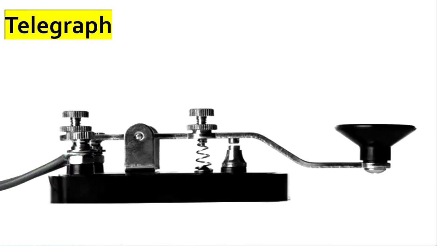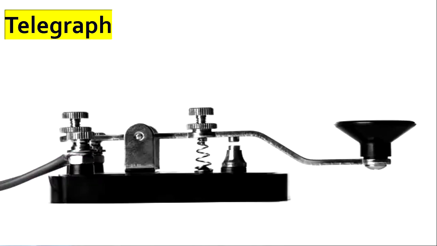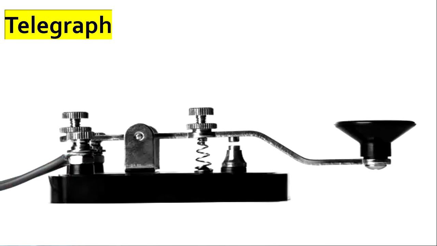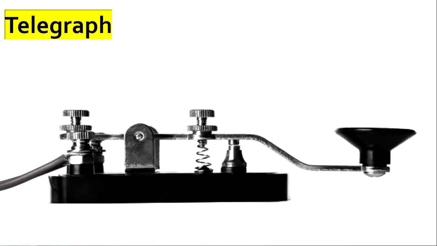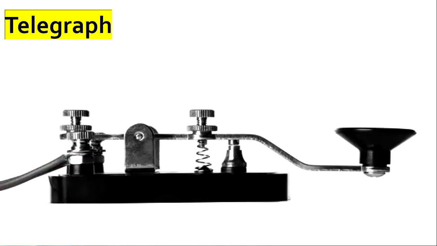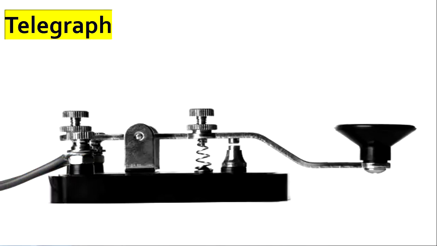The telegraph provided a faster and more reliable way to communicate over long distances. As time went on, telegraph operators would send electric signals in patterns of on-off tones or clicks. This pattern system became known as the Morse code in the late 19th century.